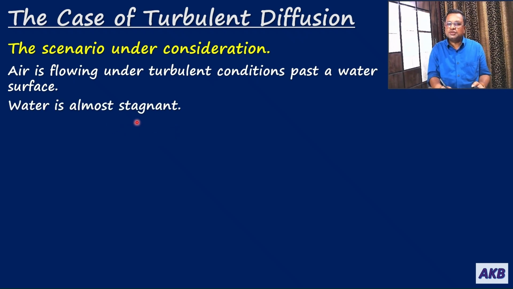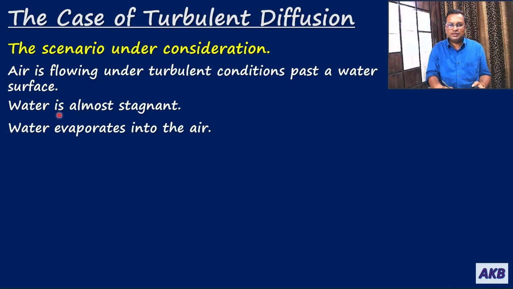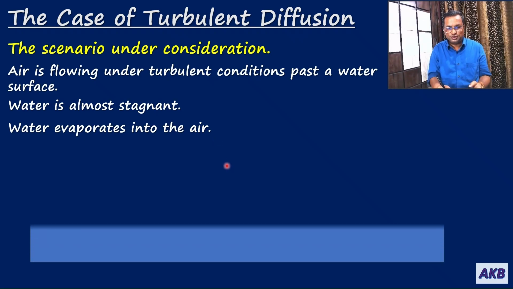Water in the pool is almost stagnant, and during the contact between water and air, some water evaporates into the air, and then the resulting water vapor diffuses through air, which is under turbulent conditions. So this is a case of turbulent diffusion.